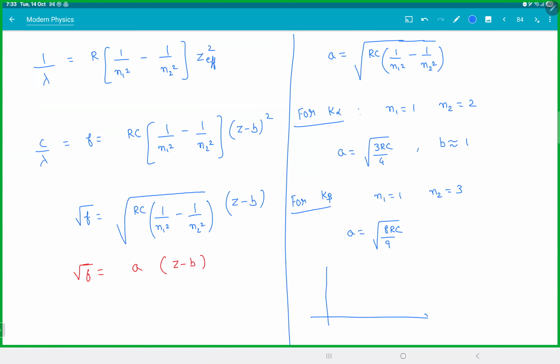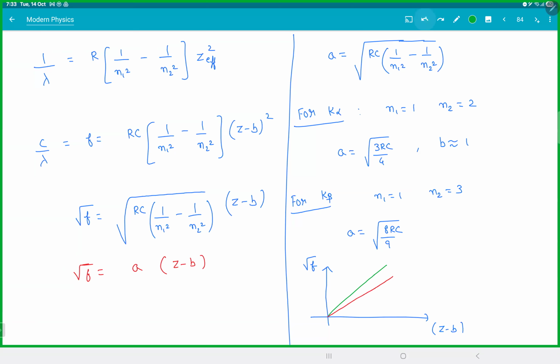And if you try to plot a graph between root frequency and Z minus B, you can clearly see it is a line passing through the origin. We get lines passing through the origin. In this, can you tell me which is K alpha and which is K beta? So this is a straight line, right? Y is equal to mx. So A is the slope.